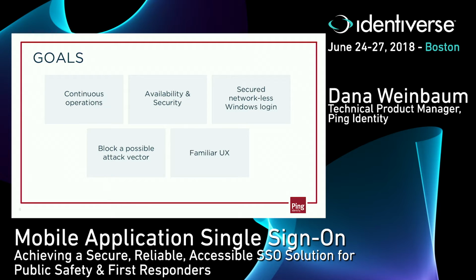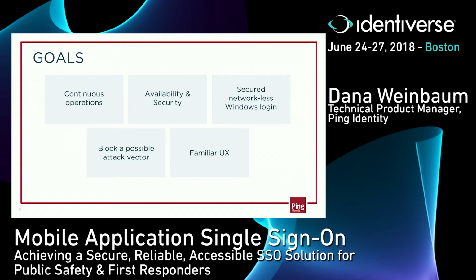So there are a few goals for that. The first one is to enable PingID customers to continue to authenticate users even when the cloud service is out of reach, and to have continuous operations. To allow the customers to ensure protected services using PingID continue to be available and secure for the customers. It allows to leverage PingID MFA solution even to Windows login.